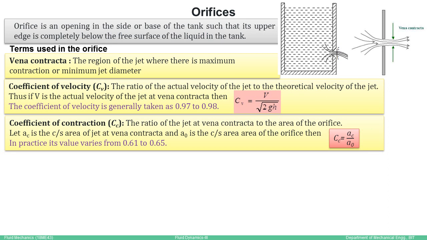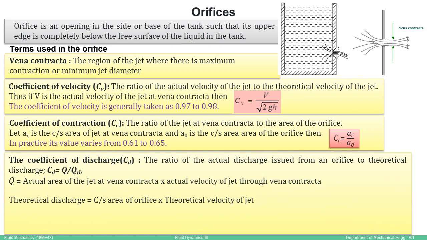That is the ratio of the orifice diameter or throat diameter to the inlet section diameter. But clearly coefficient of contraction is the ratio of jet area at vena contracta to the area of the orifice, and its value usually lies between 0.61 to 0.65.